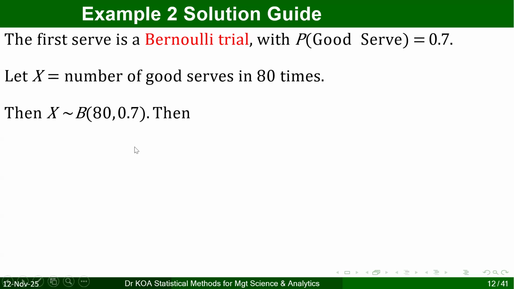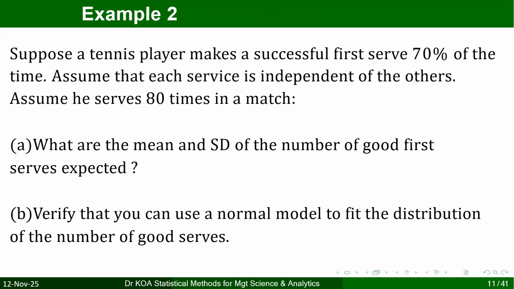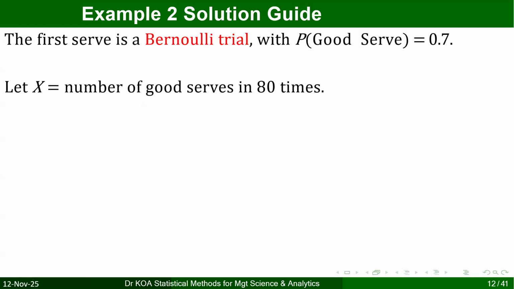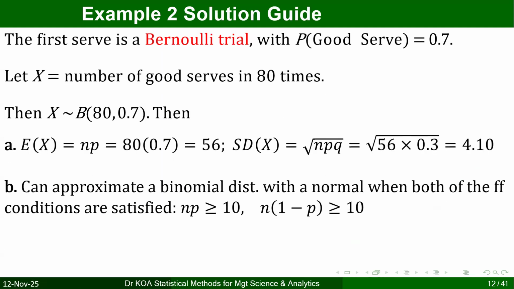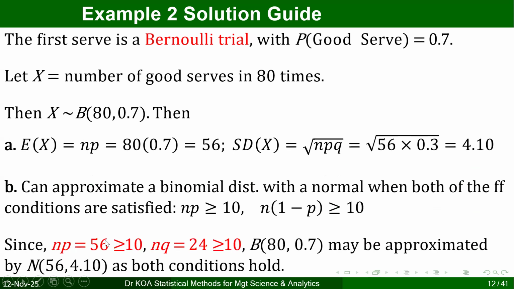The next part is to verify that we can use the normal distribution to do this. Now, how do you verify? It's very simple. The rule for the normal distribution condition is that the mean, np, should be greater than or equal to 10, and nq should also be greater than or equal to 10. So 56 is greater than 10, and nq is also 24, which is greater than 10.